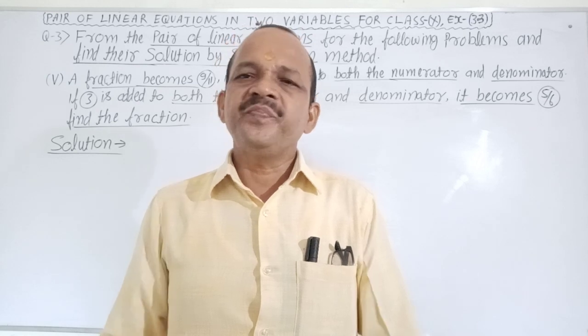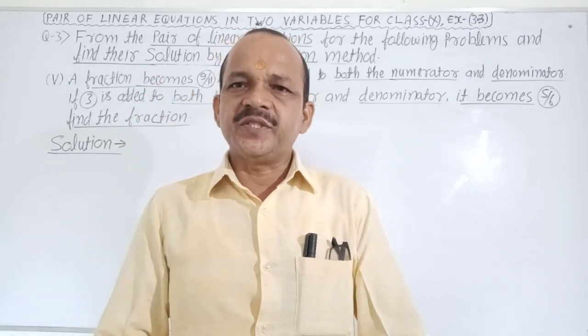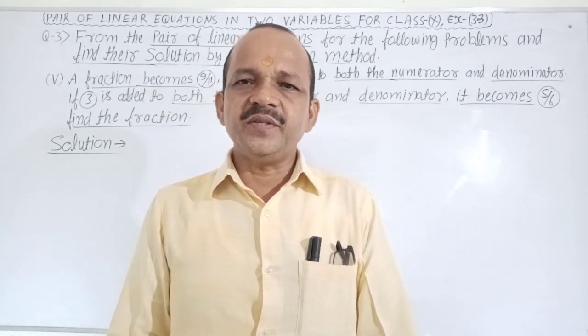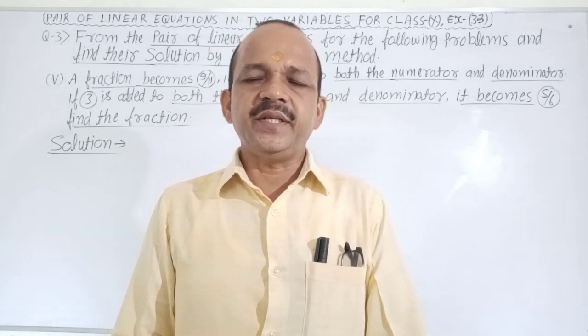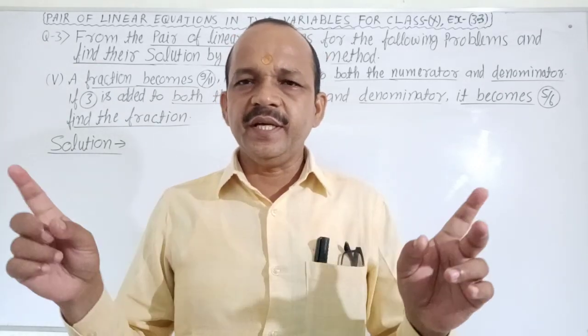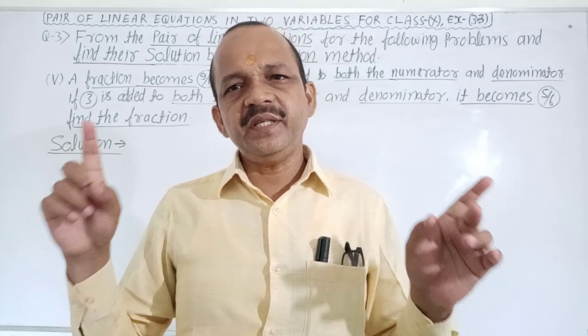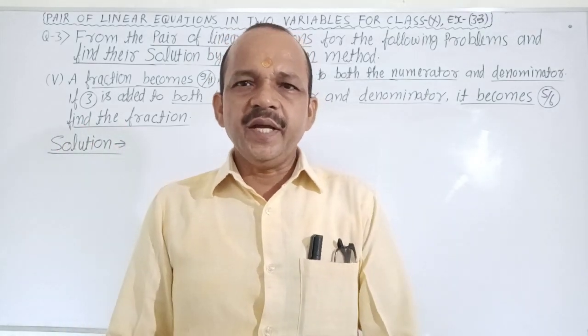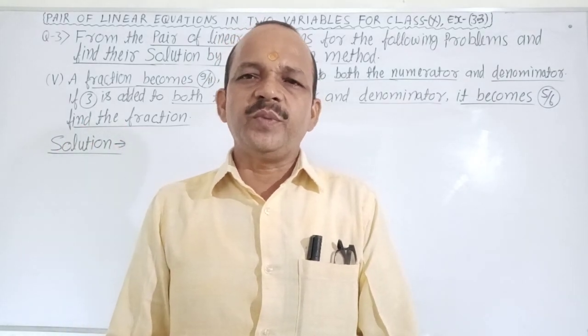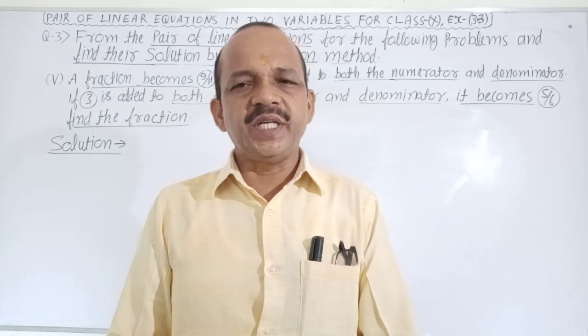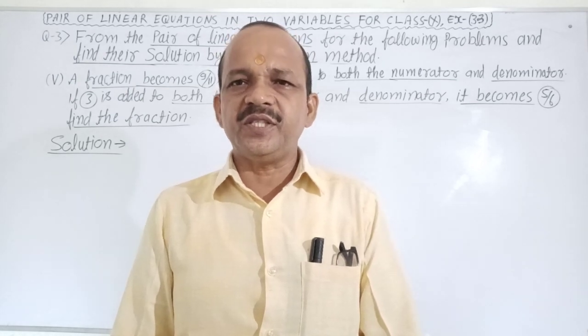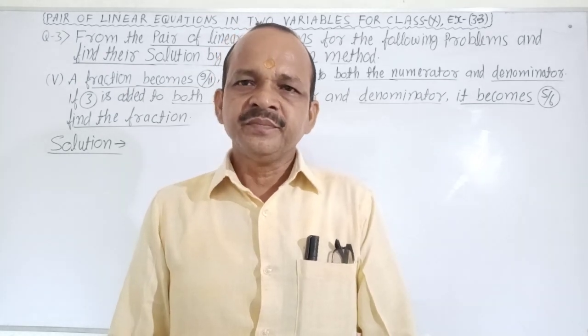Geometrical method shows three systems: consistent system, inconsistent system and consistent dependent system. If a1 by a2 not equal to b1 by b2, then it shows intersecting lines, consistent system and unique solution.